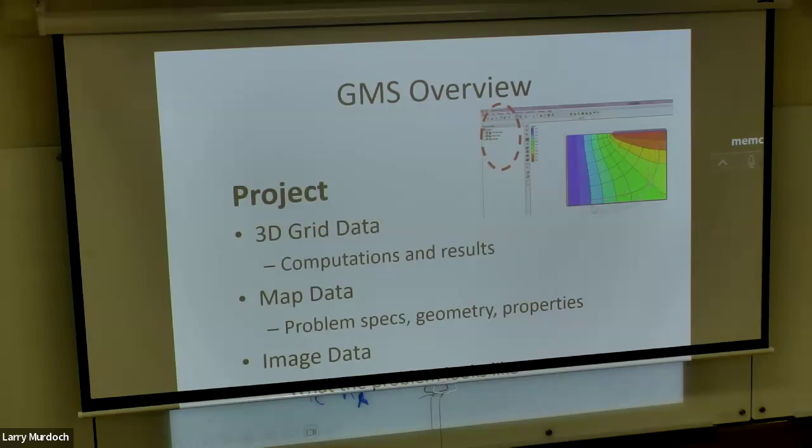These head contours came from ModFlow, and then ModPath generated these flow paths. Over here, you're going to have what's called 3D grid data, and that has the computations and results. You're going to have map data, which has the problem specs, geometry, properties, and then image data about the layout of what this thing looks like.